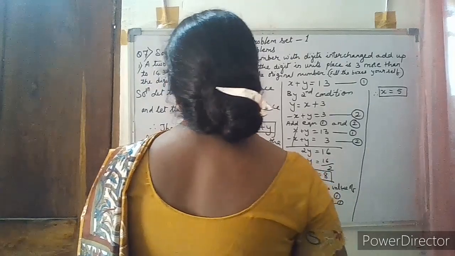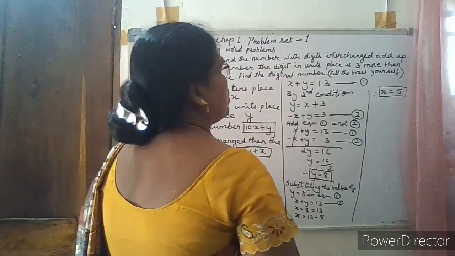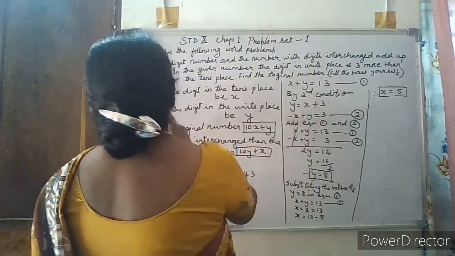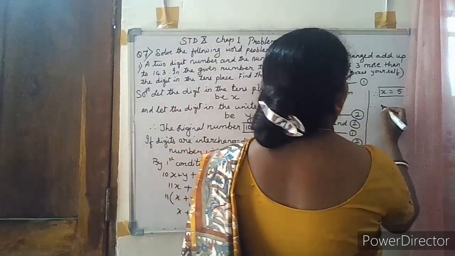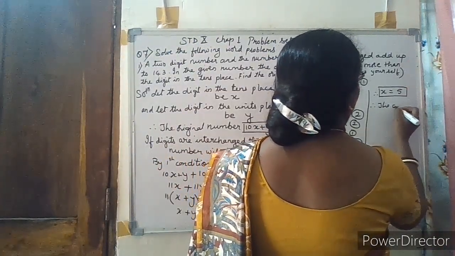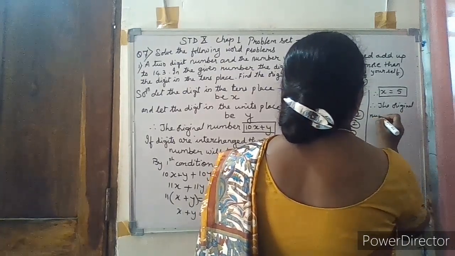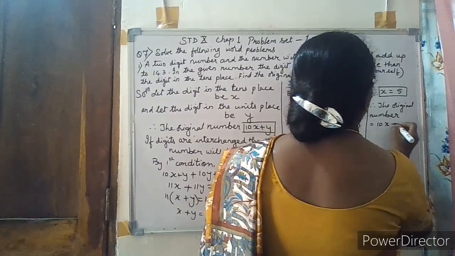So the question is what? Find the original number. Therefore, the original number, let us find out. Here, the original number is 10x plus y.